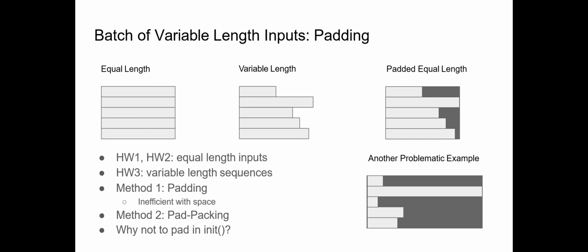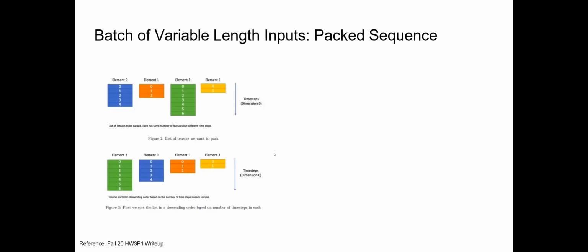The second method is pad packing. First we'll understand what packing is. We have these utterances and they are of variable length. So elements 0, 1 to 3, let's say these are the utterances.